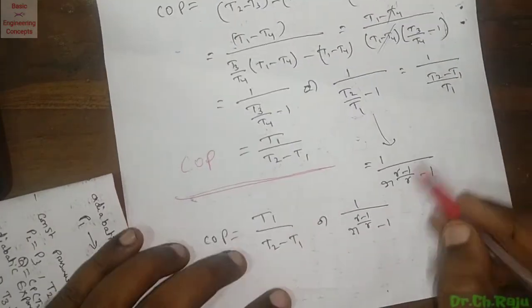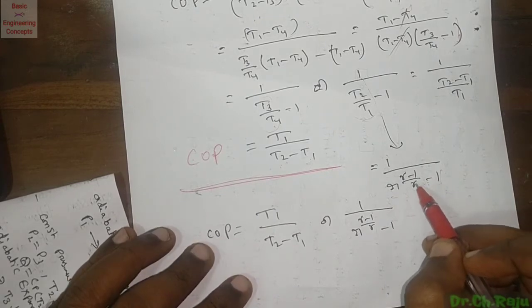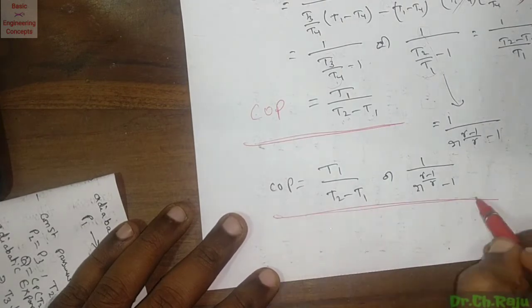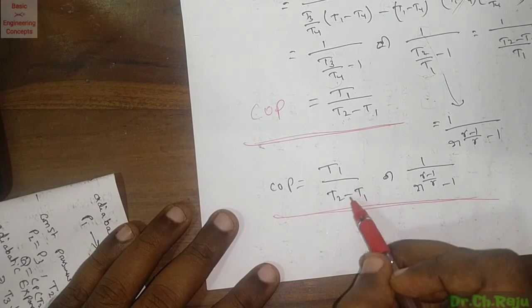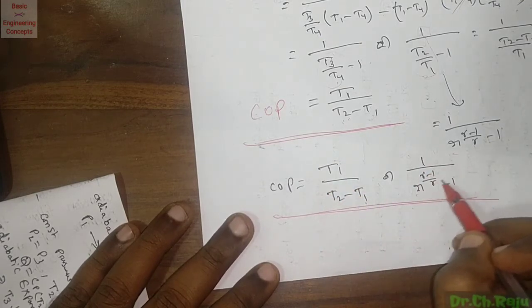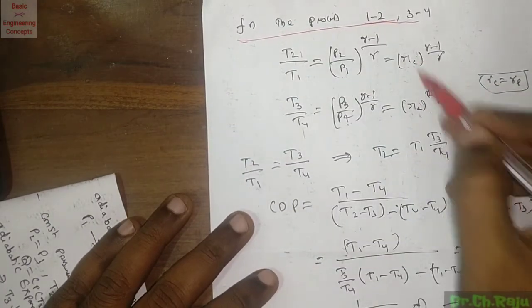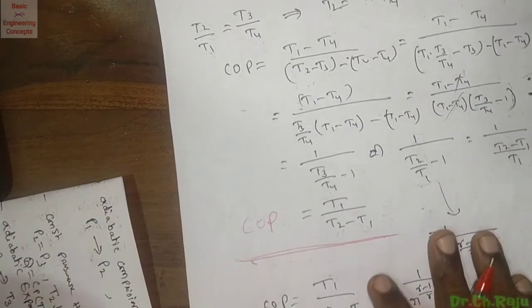You can also write this as 1 by R to the power of gamma minus 1 by gamma. So the COP of the Bell-Coleman cycle can be written as T1 by T2 minus T1, or 1 by R to the power of gamma minus 1 by gamma, minus 1. Sometimes these compression ratios may be changed. Okay, this is the COP of the Bell-Coleman cycle.